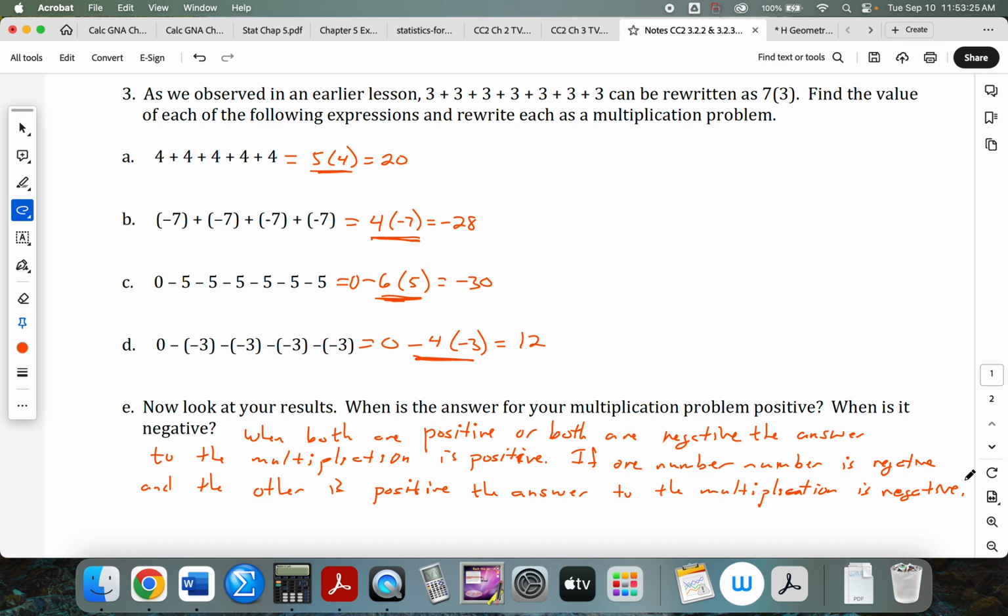No. So in math, you have to be really specific. When I'm multiplying, two negatives multiplied together makes a positive. Okay? When I'm adding, it does not. Thank you, Emma.